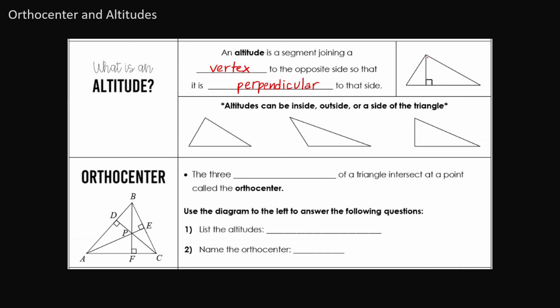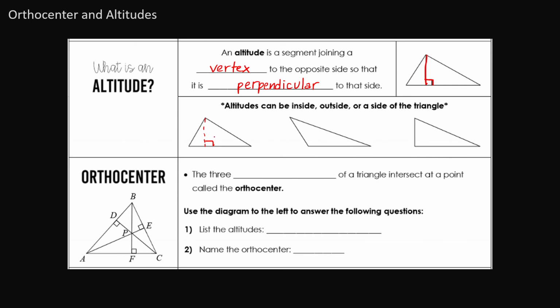The altitude is just the tallest point of a triangle, forming a right angle with the base. So in an acute triangle like this, I would draw the altitude here. That's the tallest point. And sometimes altitudes can lie within or outside of a triangle.